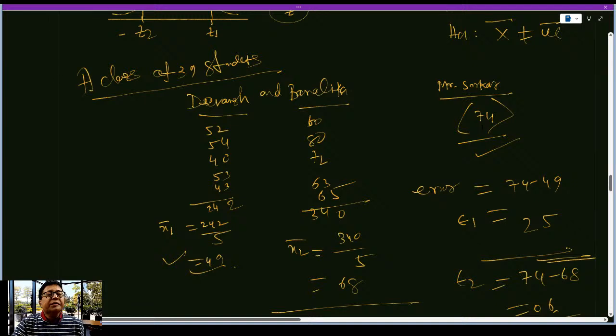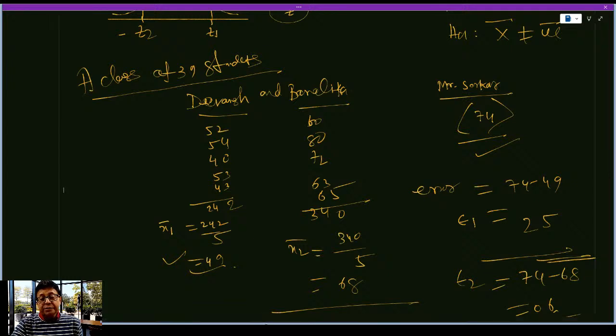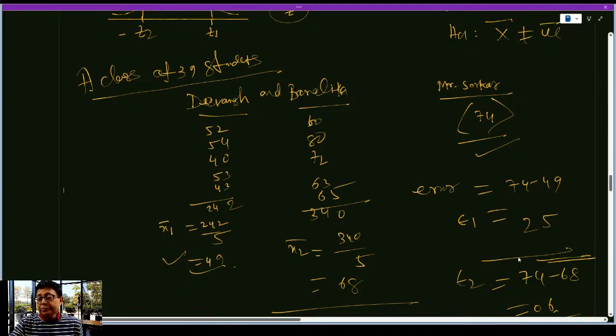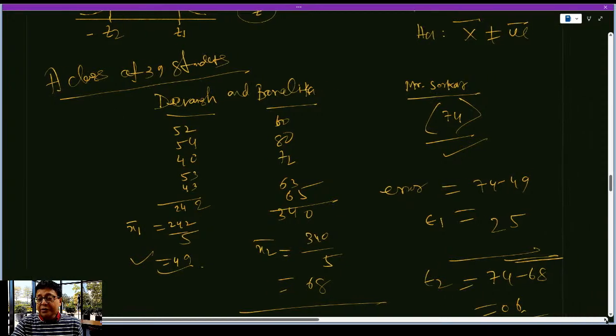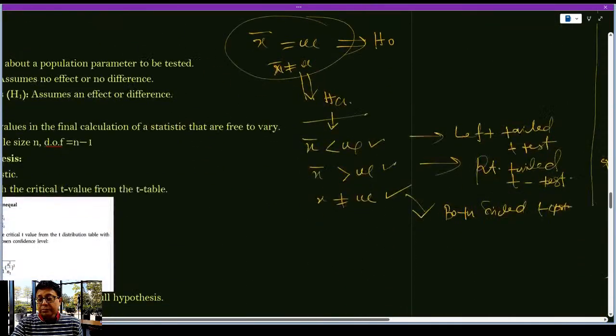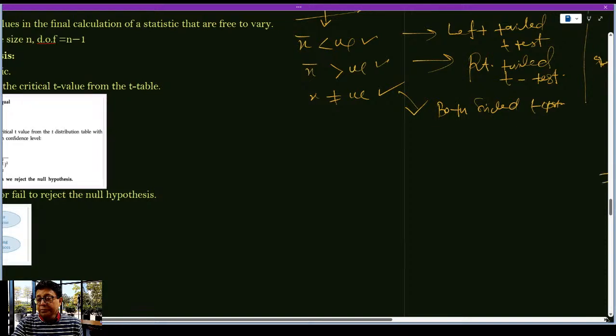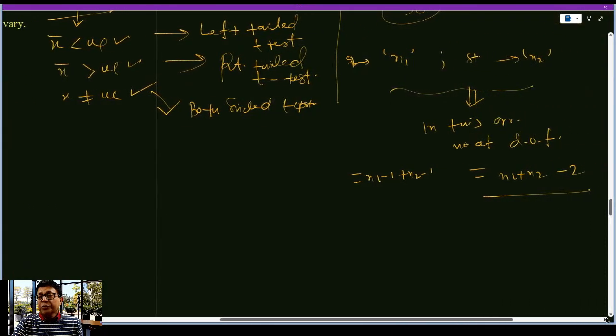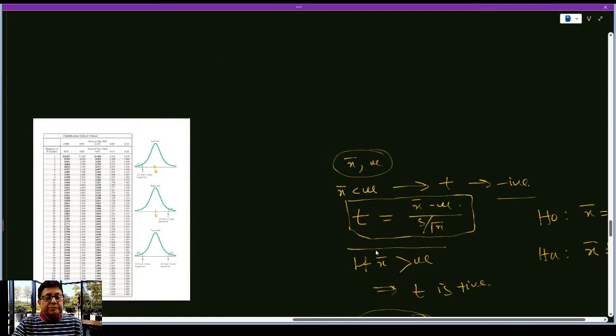His calculation is like this. Now you have some special parameters, with the help of which you will decide whether this result is significant or not, whether the difference is significant or not. Okay, let me show you. I am referring to those two students' calculation.